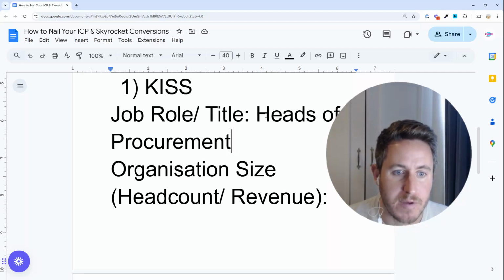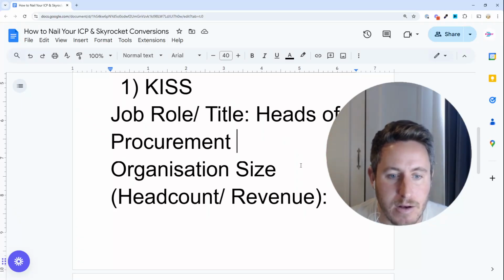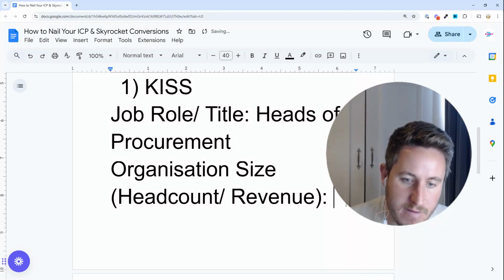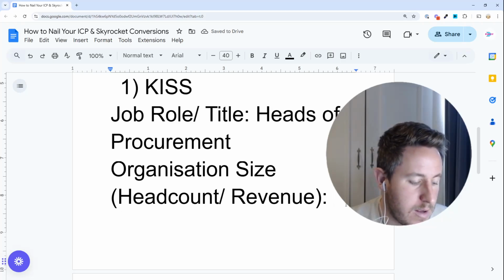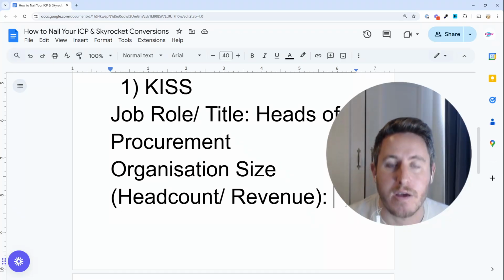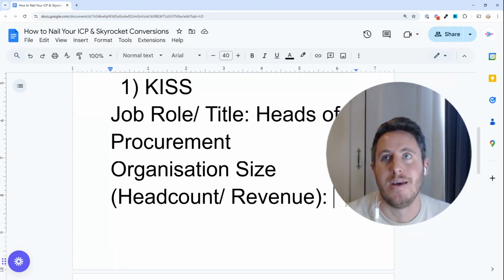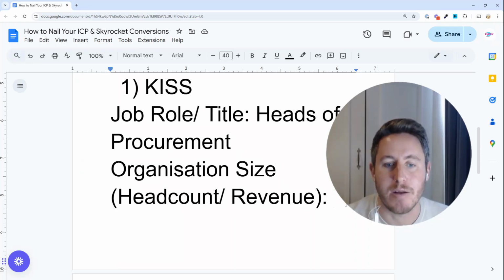So we were going after strictly heads of procurement, and so the senior leadership in procurement in organizations that were turning over at least, in order to justify the use of their platform, they would have to be purchasing huge amounts of commodities on a regular basis.